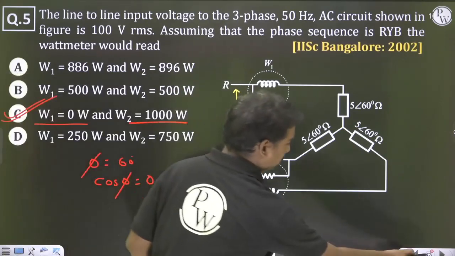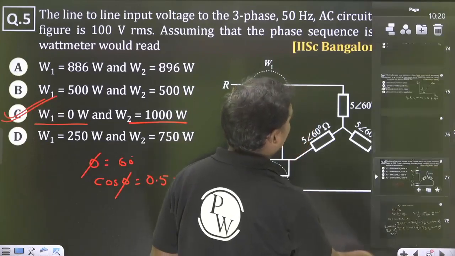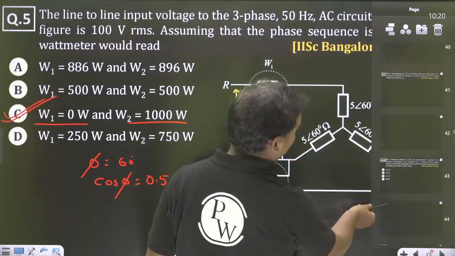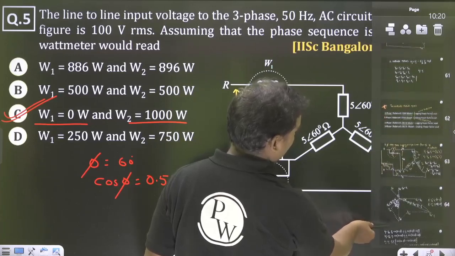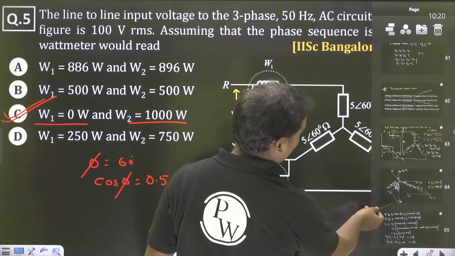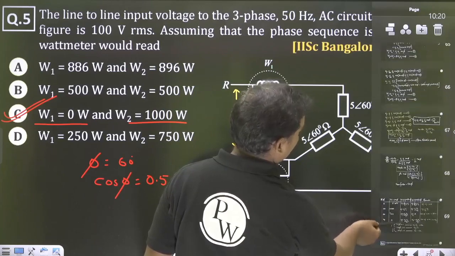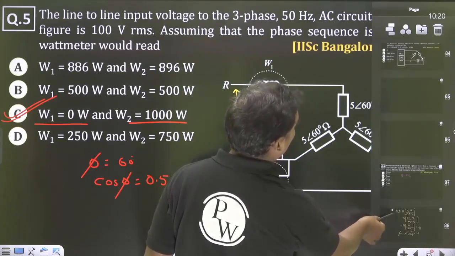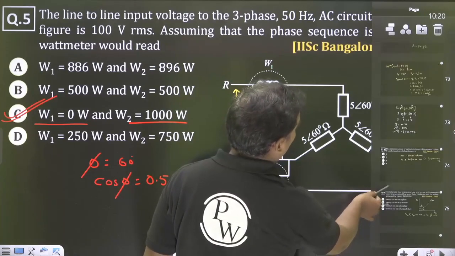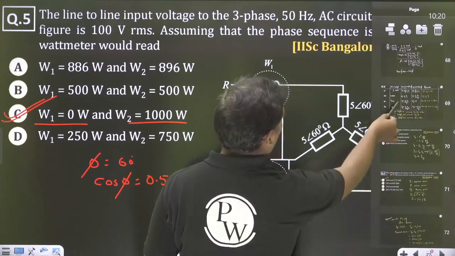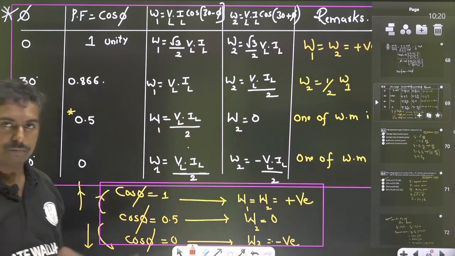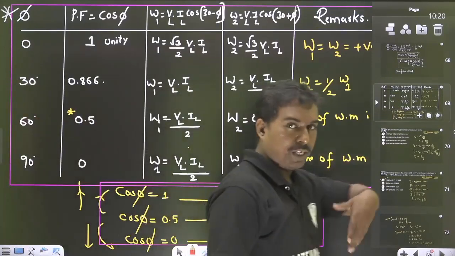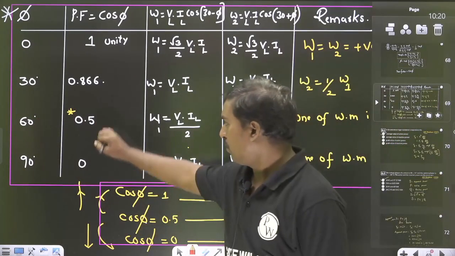So cos phi 0.5 means you can go for the table. One of the wattmeter readings will be 0, as we have taken W1 as VL IL cos phi. When it is 0.5, this is the case.